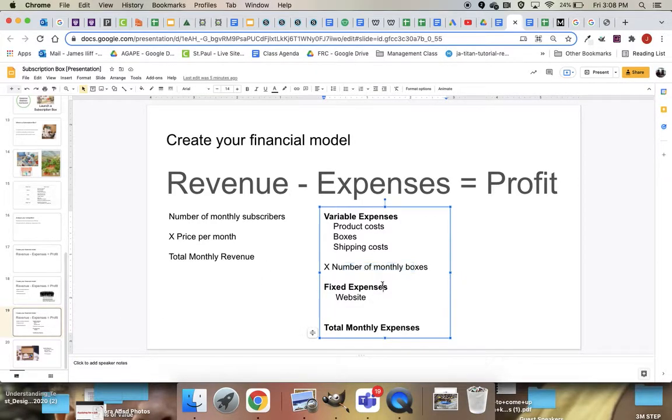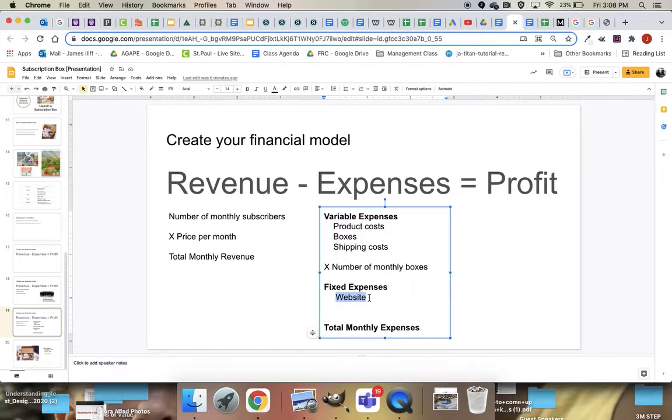What about fixed expenses? Fixed expenses are expenses that aren't affected by the number of sales that we have. For instance, we're going to need to set up a website where people can come, read about our product, and subscribe and enter their credit card information. That could cost us, let's say, $60 a month to operate that website.